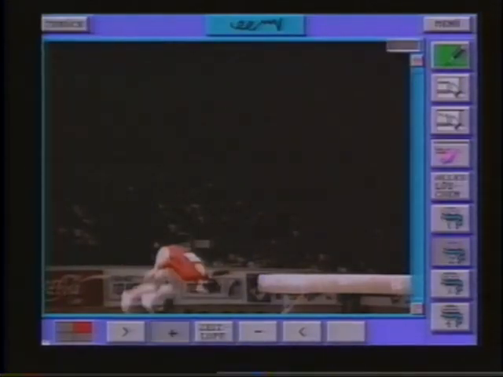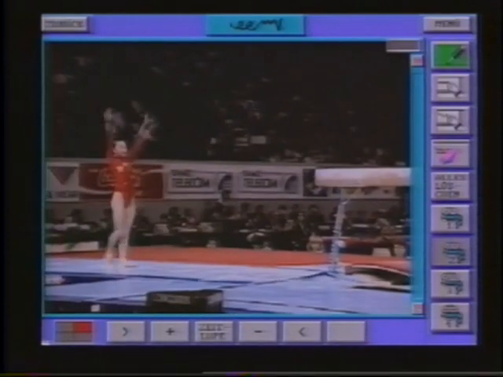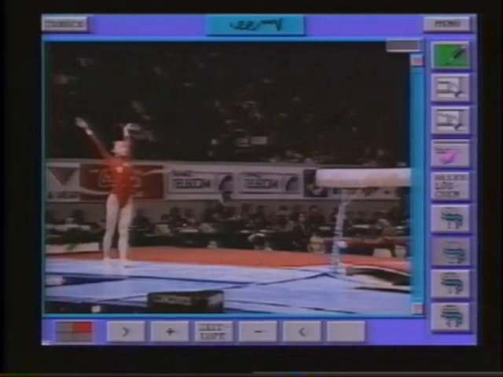Somewhat deep upper body lean on the landing, minus 0.05. Two steps backward, minus 0.2. No bonus points for extra D and deduction in total minus 0.3.